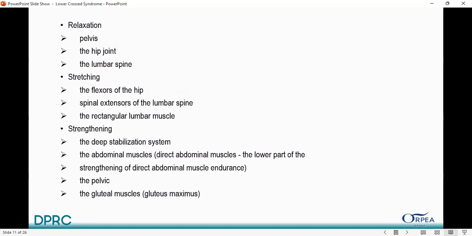So commonly, some of the techniques are relaxation techniques, stretching and strengthening. Relaxation for the pelvis, hip joint, lumbar spine; stretching for hip flexors, spinal extensors, lumbar muscles; strengthening for abdominal muscles, pelvis, gluteus muscles as well.